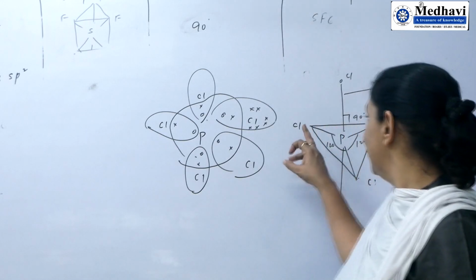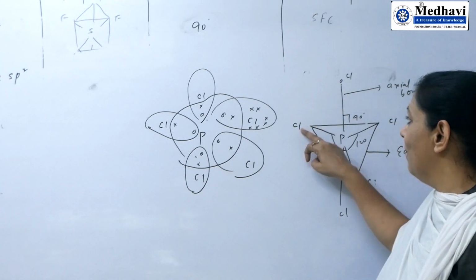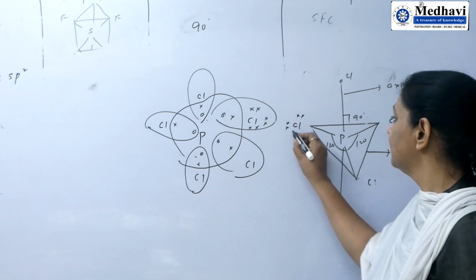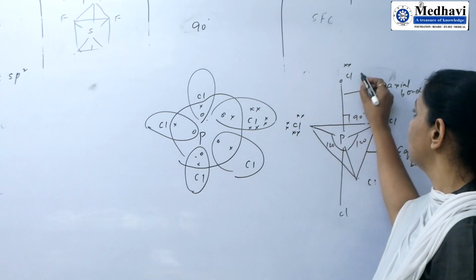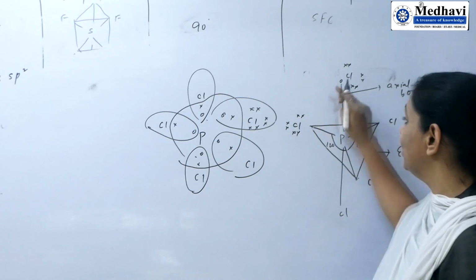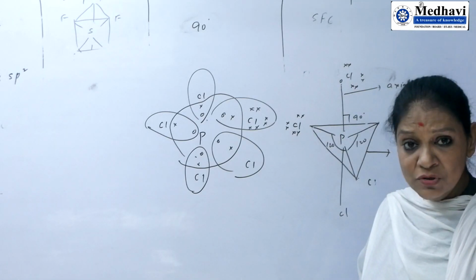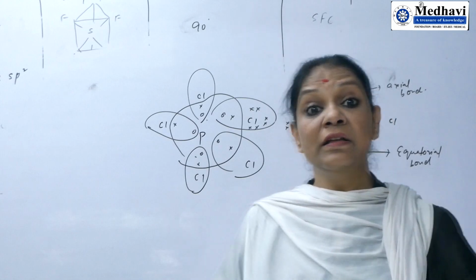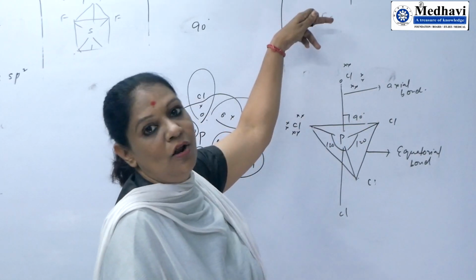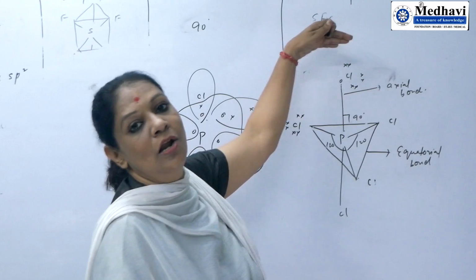Now, if we see the structure here, the chlorine has 6 electrons. This chlorine also has 6 electrons as valence electrons. To avoid repulsion between these 2 atoms or electrons, what happens? This bond becomes elongated. It becomes a little bit longer.